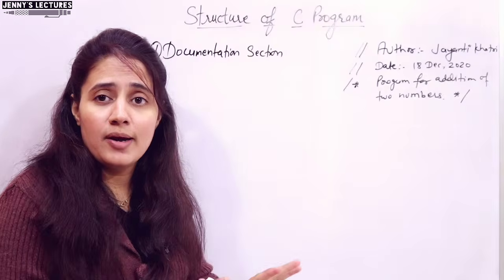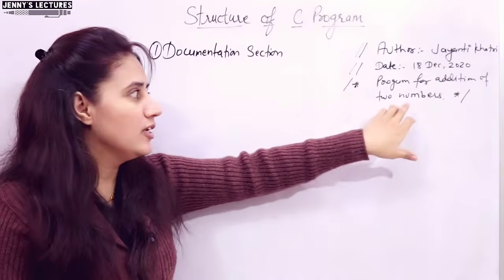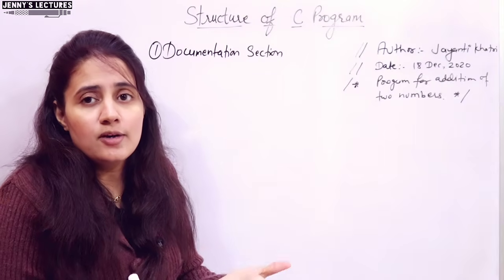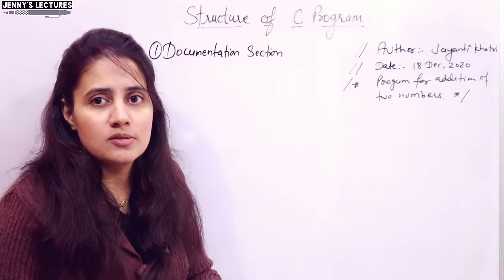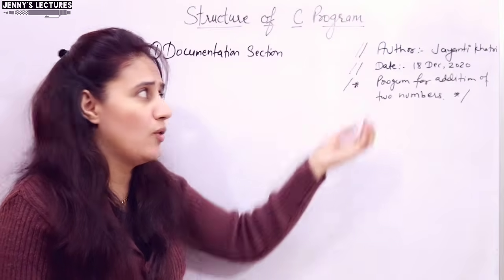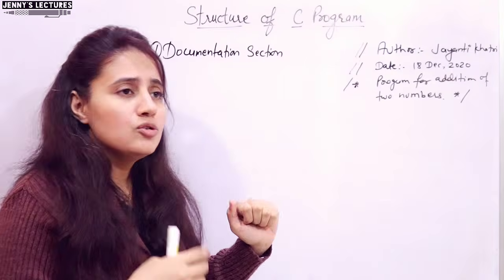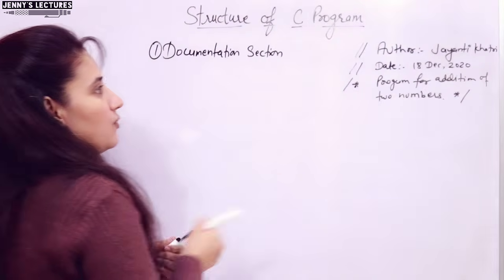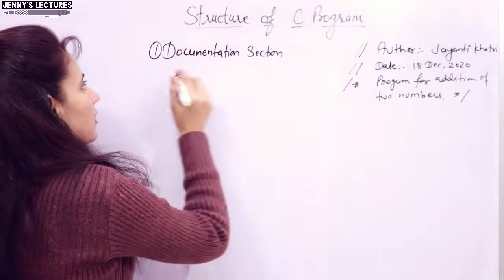Generally when we write programs, we don't include this documentation section. But it is better to include it, it should be in your practice, because in future when you write those programs, obviously you have to include a documentation section. So it is better you start including this section from today, but this is completely optional.